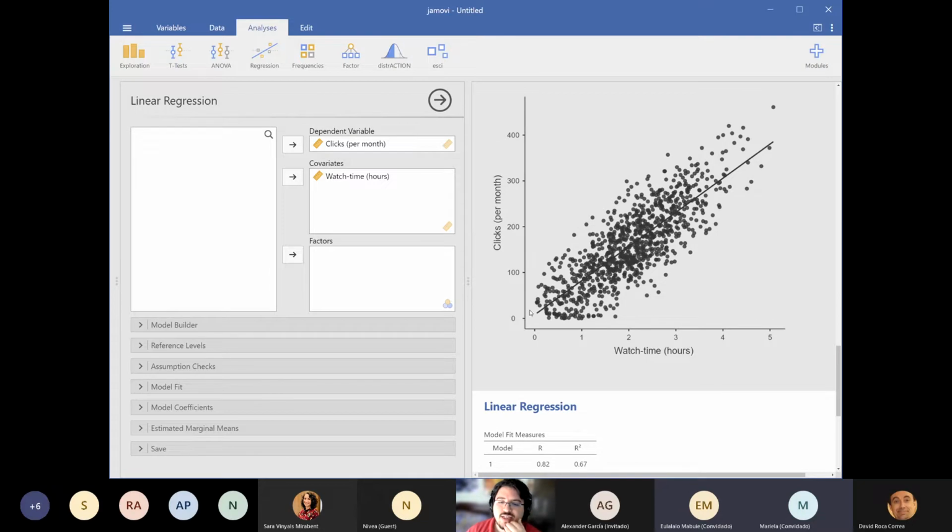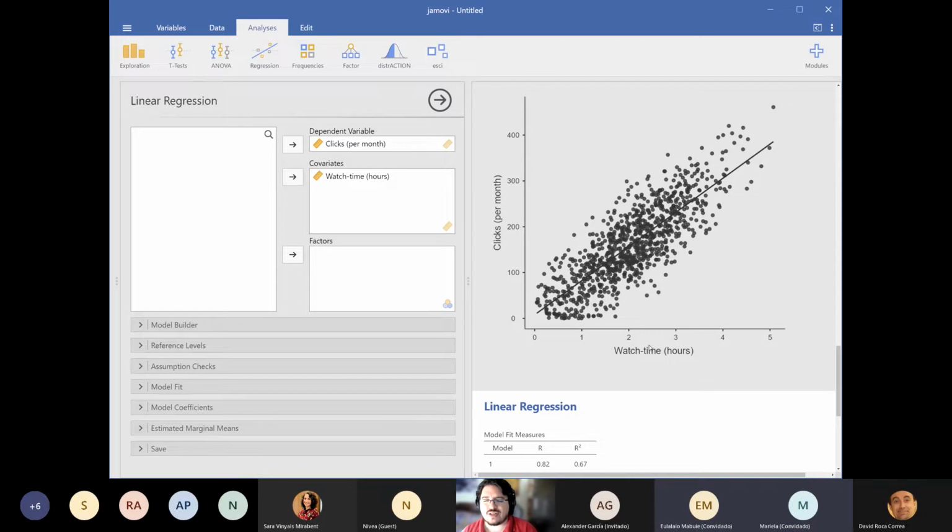So basically, the clicks per month have a variance. Okay, so they have a spread. We saw the histogram of the clicks per month. They are not just in one point. And the watch time hours also vary.